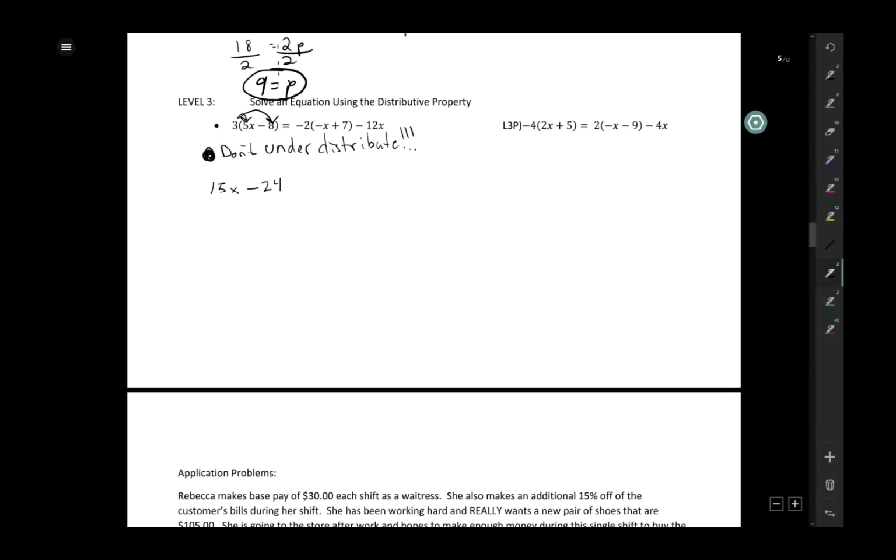Now, here's the little difference here. Let's use a different color. Negative 2 times negative x. Take it slow. That gives us positive 2x. Well, what happened to the negative, Mr. D? Well, notice we have a negative times a negative. Okay, so it becomes a positive 2x.